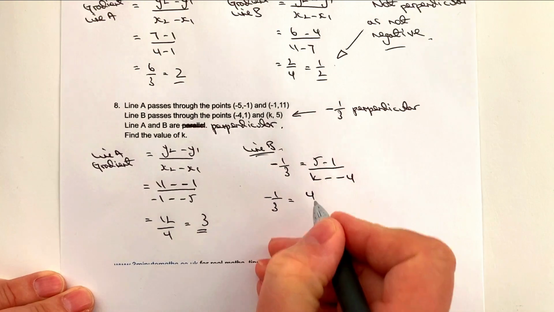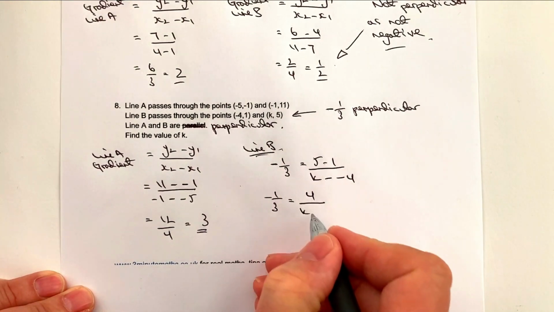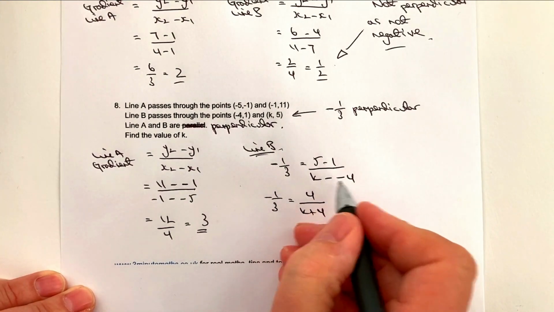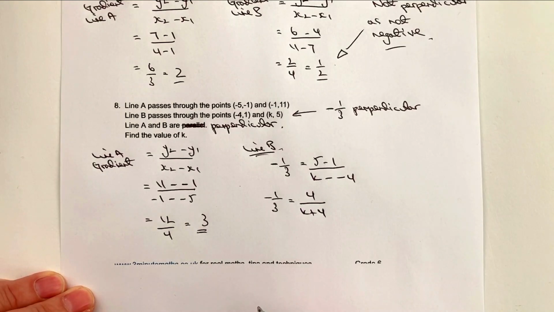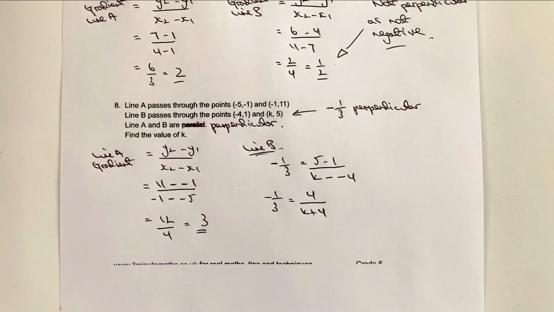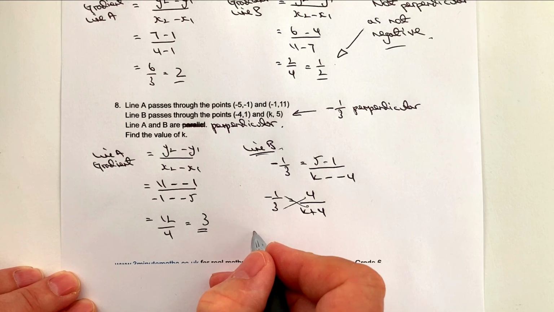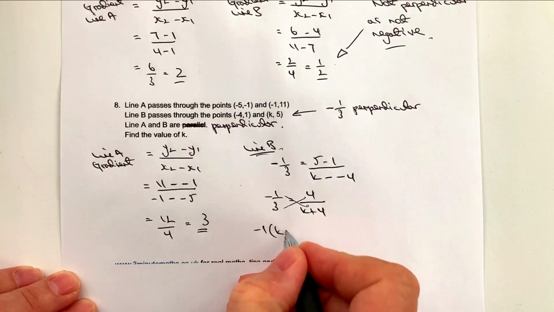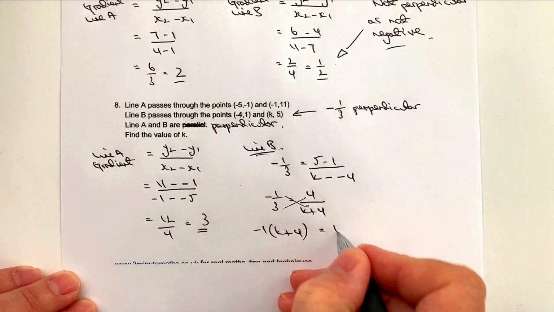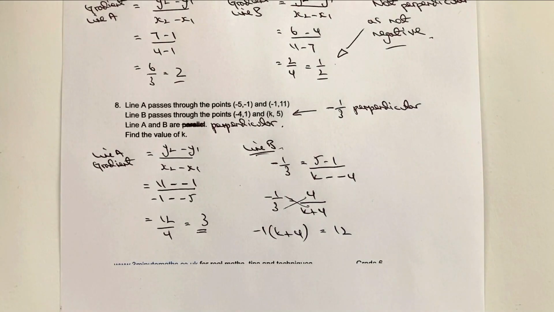I've got 4 at the top, and then I've got k plus 4. Remember, two negatives together make a positive. One of my favorite tricks now is to cross multiply. So if I cross multiply, I get minus 1 times k plus 4 equals 12.